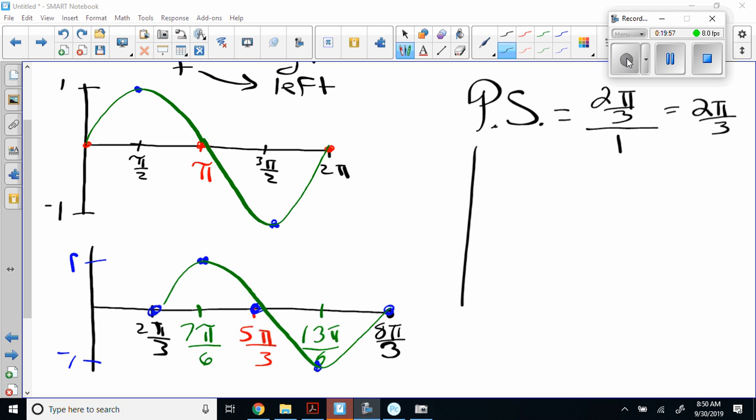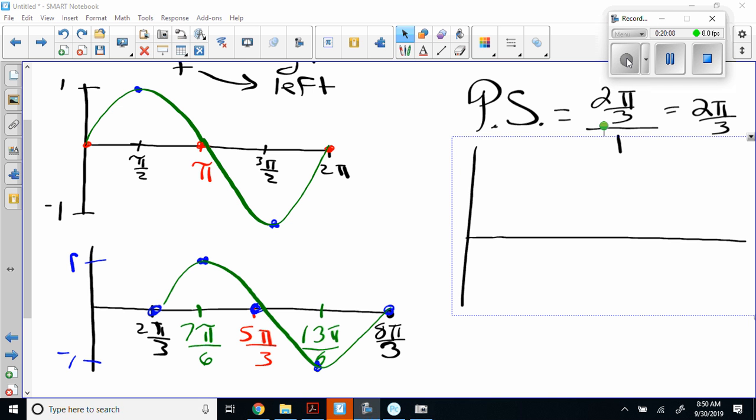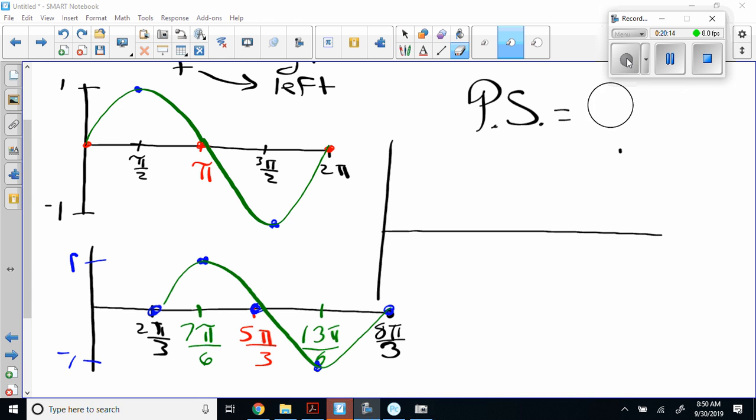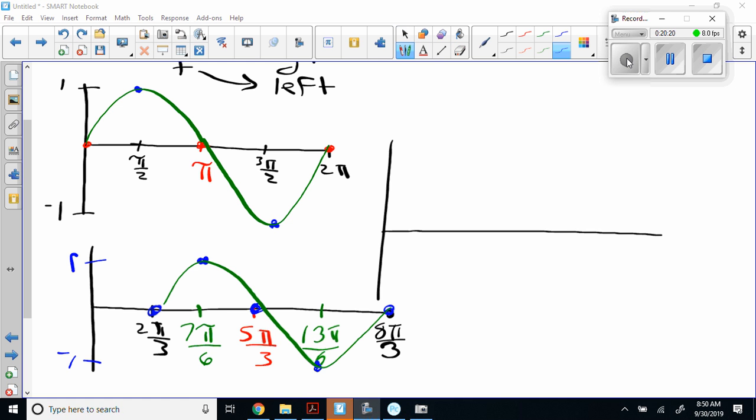So let's see. I probably need to move this over just a little bit. Okay, so I'll go here.